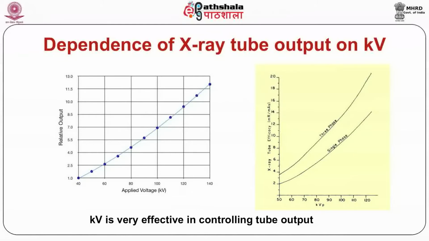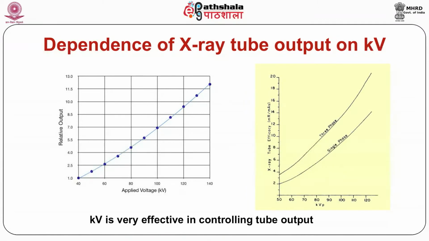These two figures clearly show a non-linear relationship between X-ray tube output and kV. It is normally assumed that the radiation output is proportional to the square of the kV. Thus, under a simple approximation, doubling kV quadruples the output of the X-ray tube.